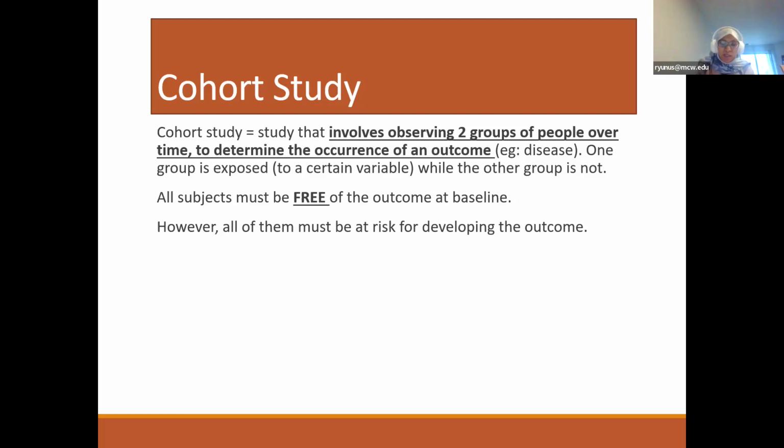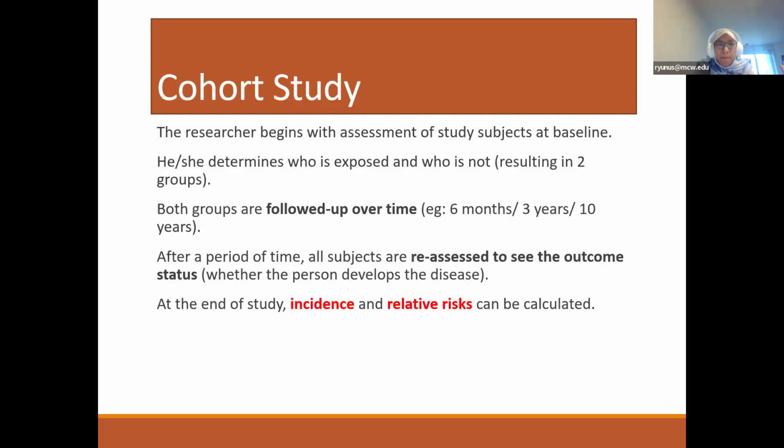Because what you're trying to do is basically you want to determine by the end of the study whether this person A and B gets the disease or not. So the first criteria is to make sure that everybody is free from that study at baseline. However, all of them or everyone must be at risk. That means they must have the ability to develop the outcome. Whether they develop the outcome or not, this is what we want to know.